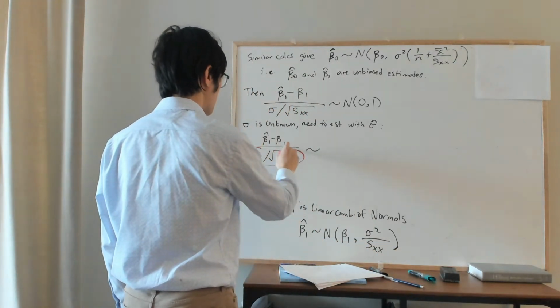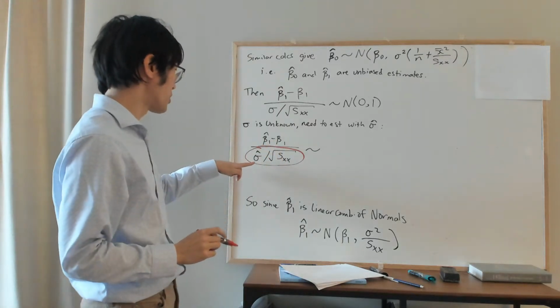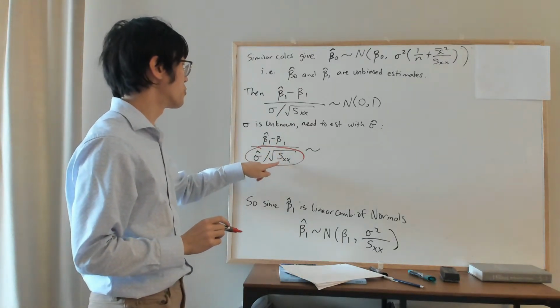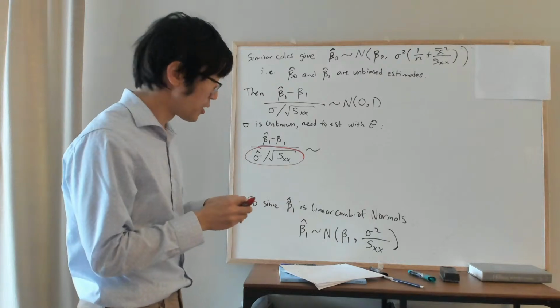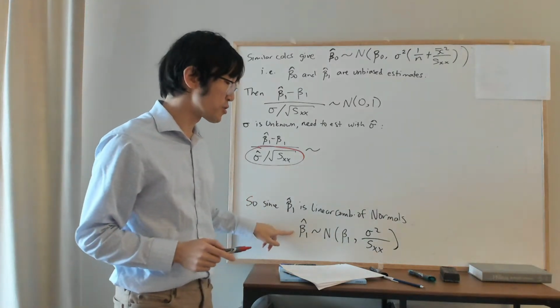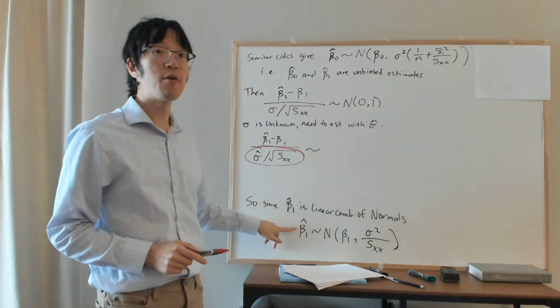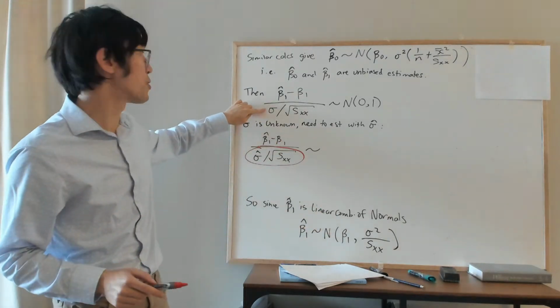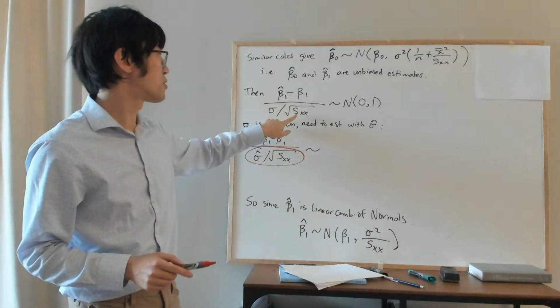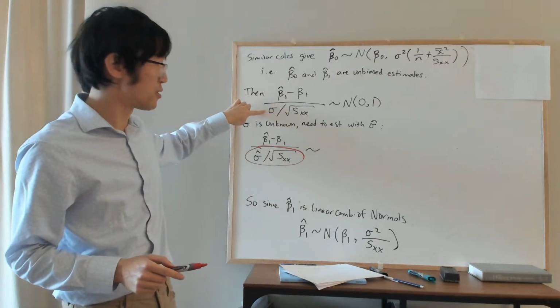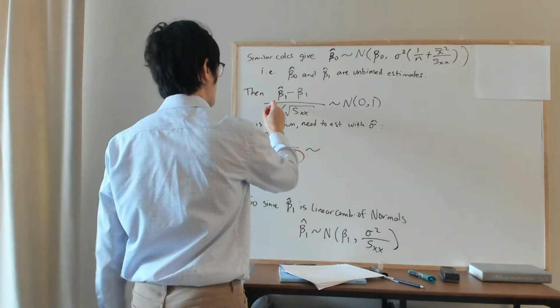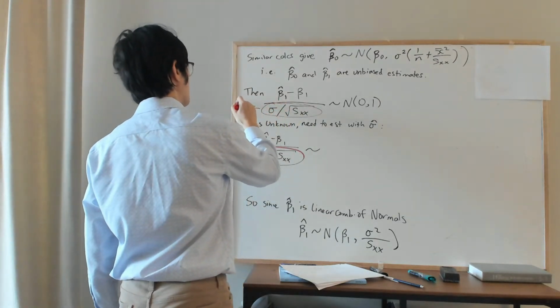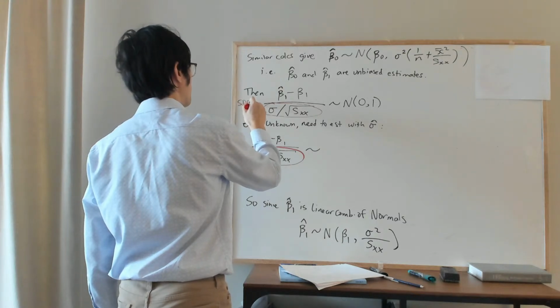This part, sigma hat over root sum of squares x. If you look at this expression, what's the standard deviation of beta 1 hat? Well, it's this part in the denominator, right? So sigma over root sum of squares x is the standard deviation of beta 1 hat.